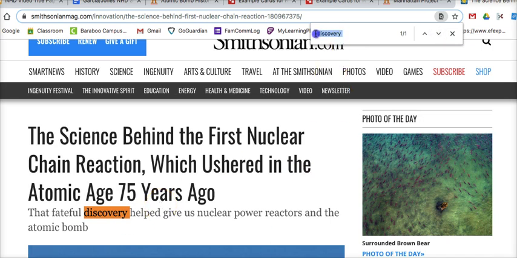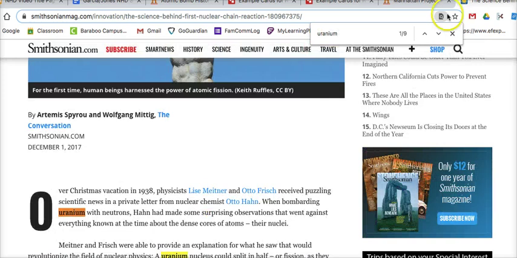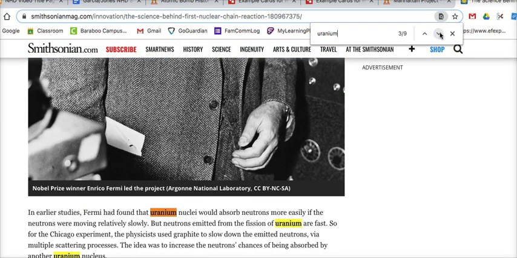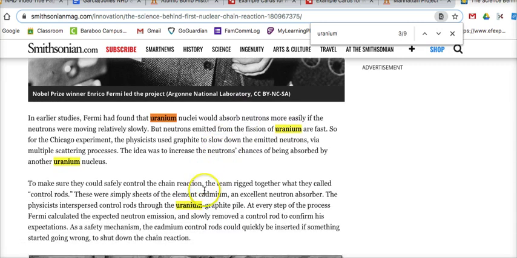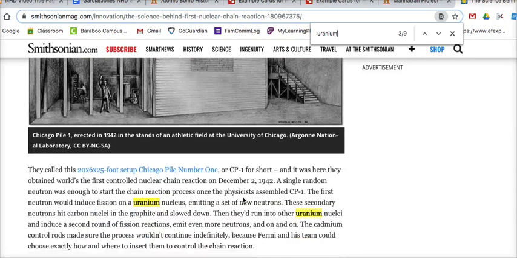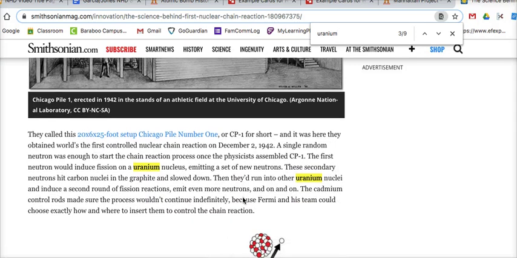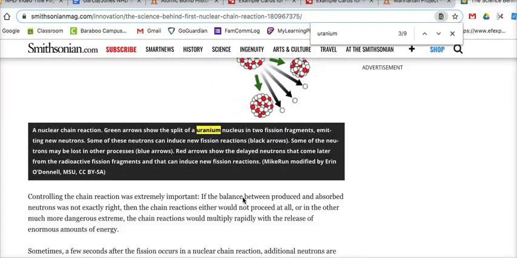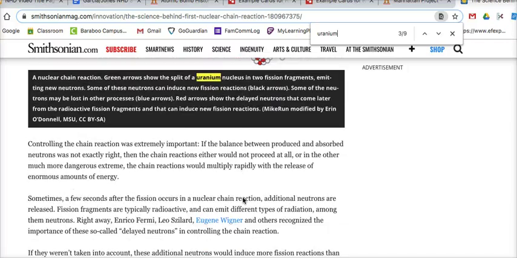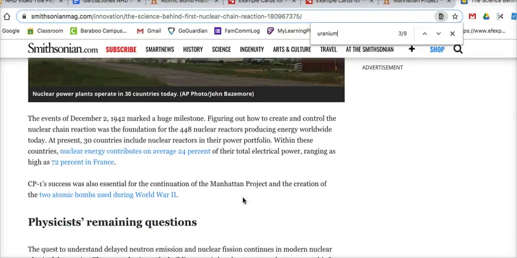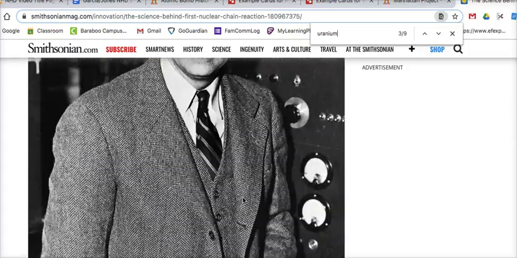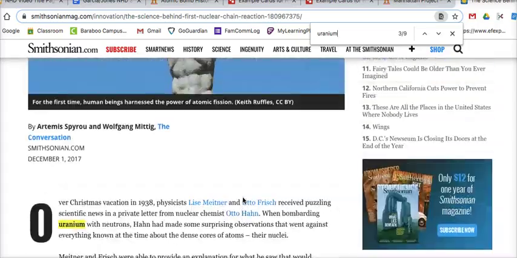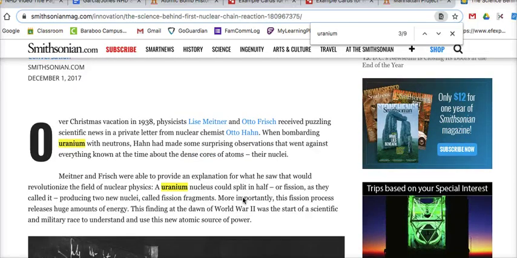Let's look up uranium. So there's 9. Okay, this is all after uranium was discovered. So I'll probably have to get a different source to talk about the discovery of uranium, which is totally fine. If you don't have the information you need in your sources, feel free to always look for another source using new search terms that you've created or encountered as you've been searching.